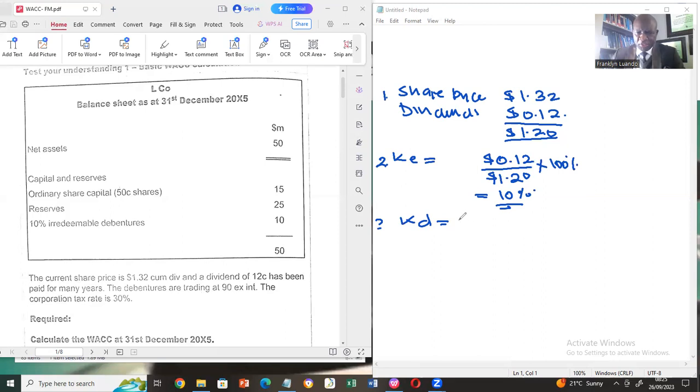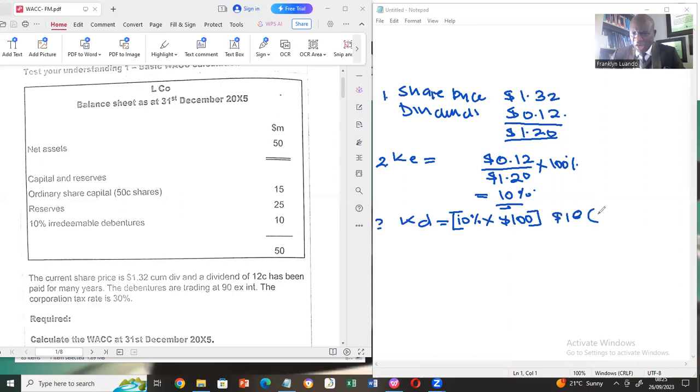So it will be 10% of 100, because debt at par is 100. 10% of that will give us $10.